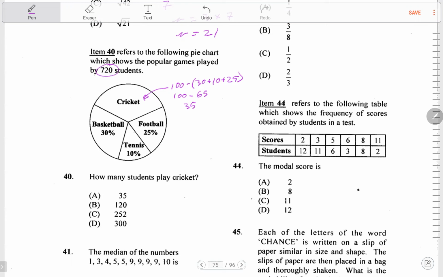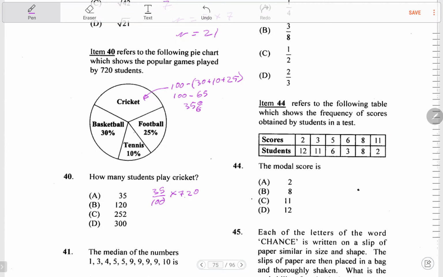So we need 35% of 720. It's 35 over 100 times 720. That's what you're working on. We can simplify it down, or we can break it down.